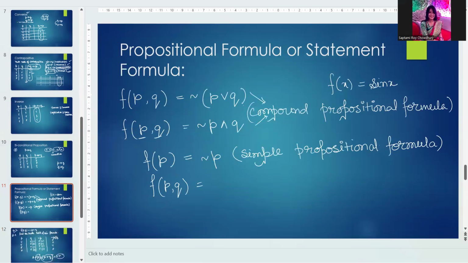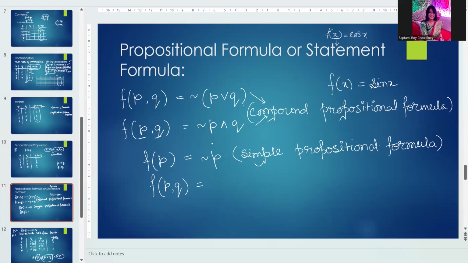Okay. Now the propositional formula or statement form. It is simple, like what we write, f(x) equal to cos x. Here we write f(x) equal to sin x. Now x is replaced by the statement. Now we will use it in terms of propositions, not the variable x. So we write f(p, q) in this way. f(p, q) is also a propositional formula.